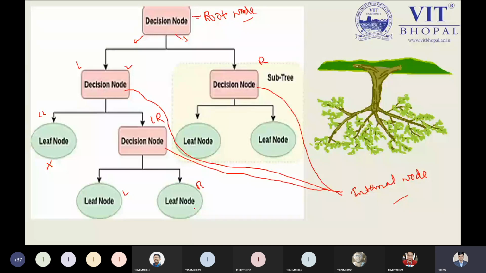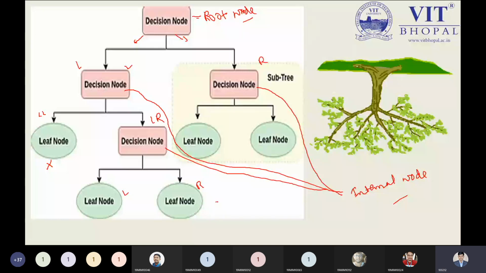But keep in mind, a decision node cannot be a leaf node, because we do not expand beyond the leaf node. So a leaf node will not be treated as a decision node. That is the point we need to keep in mind.